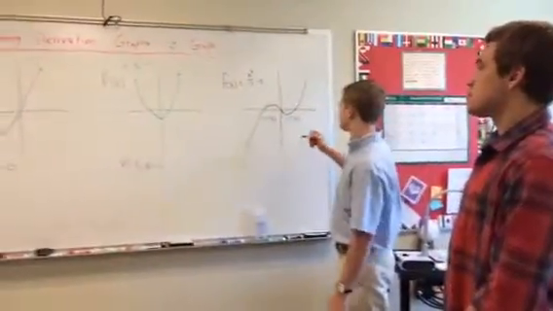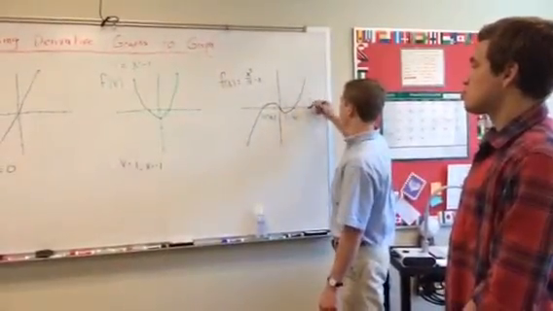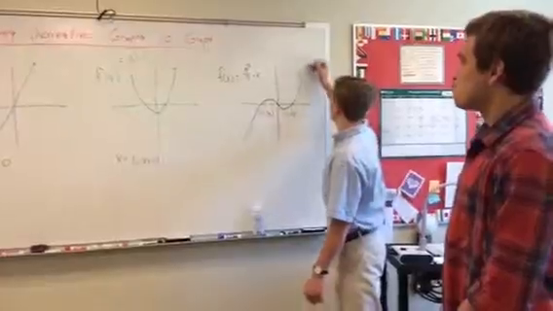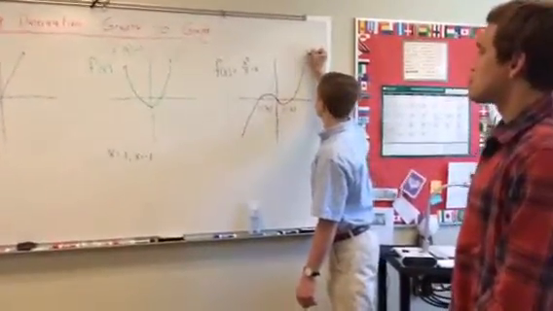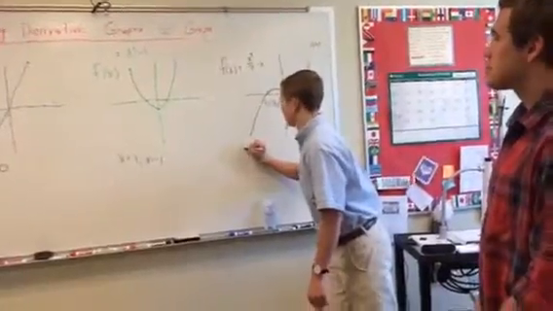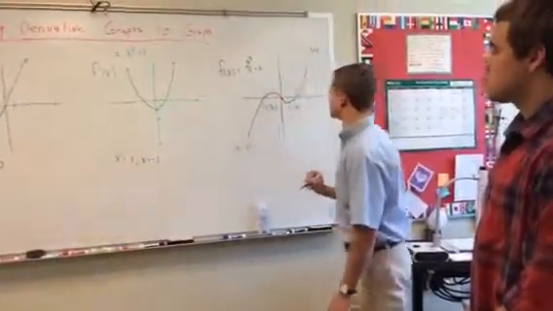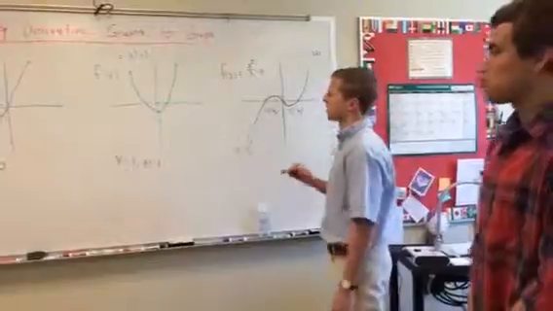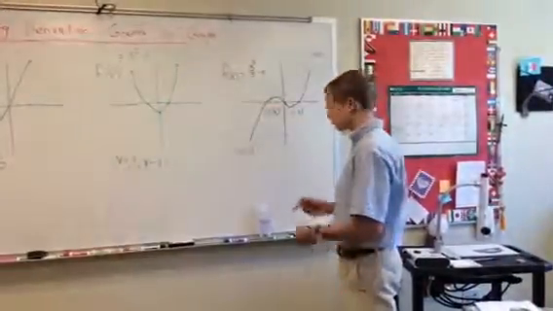Then for 3 up here, this is going to be (3, 6), and this is going to be (-3, -6). This tells us our slopes are accurate based on the velocity graph.